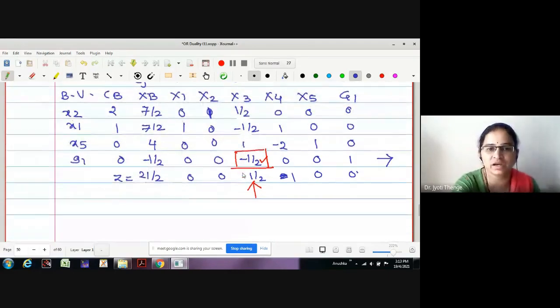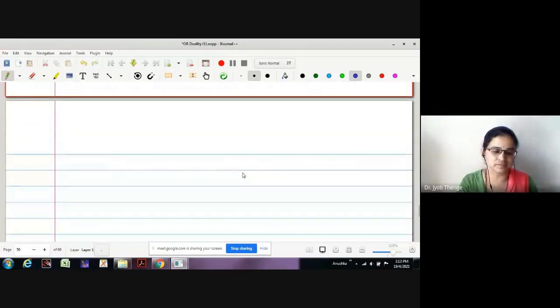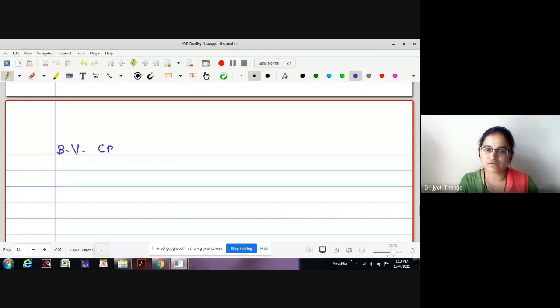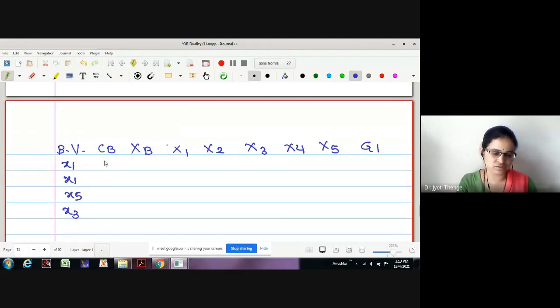I will write the converted table directly. The converted table entries are basic variables, CB, XB, X1, X2, X3, X4, X5 and G1. Basic variables are X2, X1, X5 and X3. Cost is 2, 1. And the XB entries are 3, 4, 3, 1.